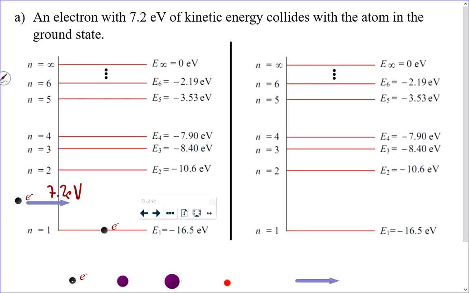When I say, is it allowed to go from E1 to E6? Yes, it's allowed to. What I'm asking is, can it under these circumstances? And I'm glad to see most of you have a calculator in your hand, and I'm guessing you're doing some subtracting here, or maybe you're doing some adding. And just put your hand up and down if you are pretty confident you know where that atomic electron is going to land afterwards.